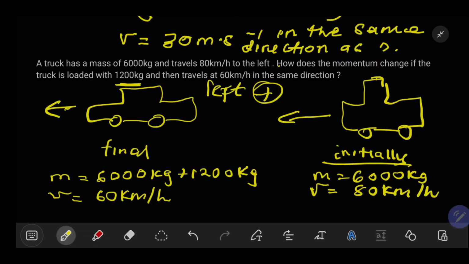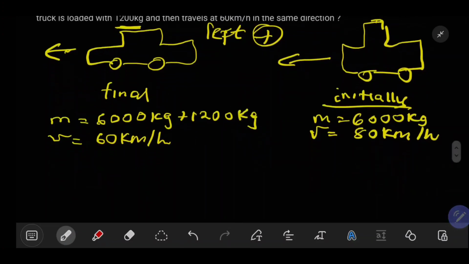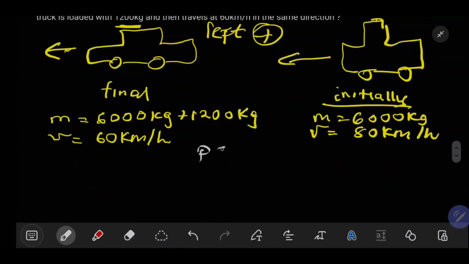So remember, when we were dealing with the SI units for momentum, we said P is equal to mv, and the mass should always be given in kg, and the velocity should always be given in meters per second.